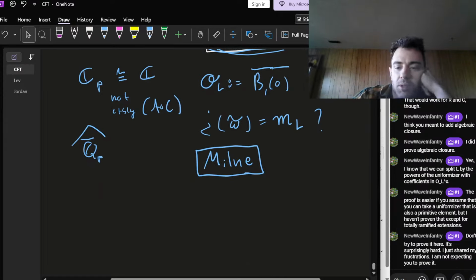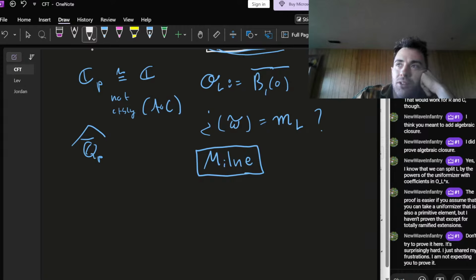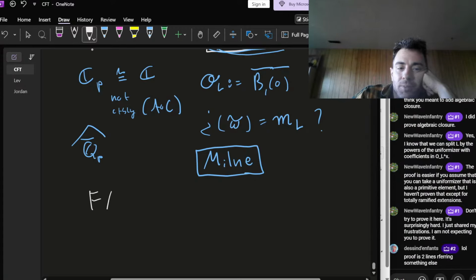The other way to do it would maybe be, if you believe this is true in the global setting, then, I guess the one maybe not obvious step in the middle is that you could argue that any extension arises as the completion of some global extension.